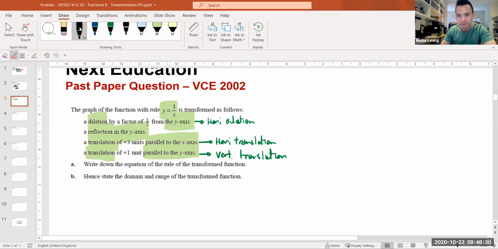All right. So let's do these one at a time. I start off with my original. It then gets a dilation factor horizontally. So where the x is, it's x on a. You apply the factor inside, so I'll do it one step at a time.